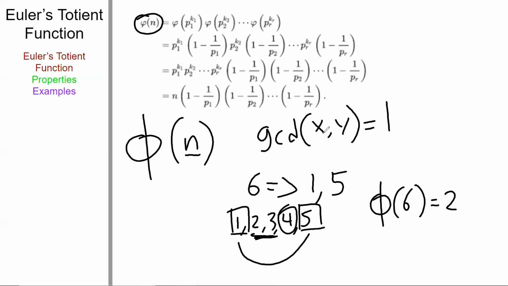So does everybody understand basically how this function works? 4 does not work because the GCD of 4 and 6 is not 1.